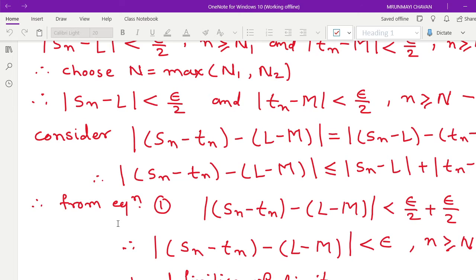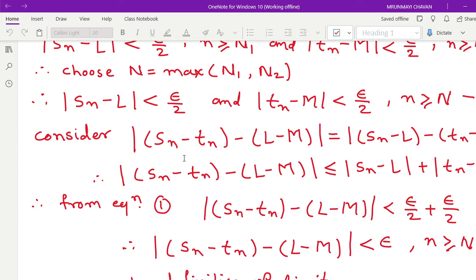Now we have to show that limit of Sn minus Tn is equal to L minus M. For that, we know that if limit of Sn is equal to L, then we have to show that mod Sn minus L is less than epsilon.